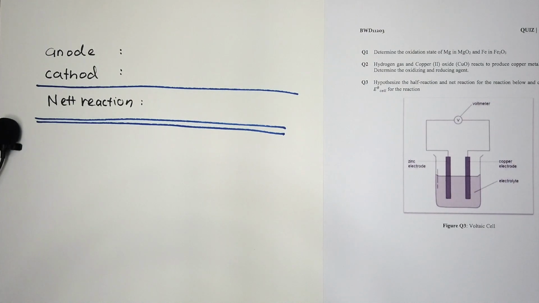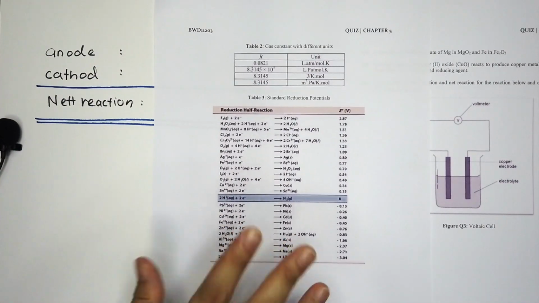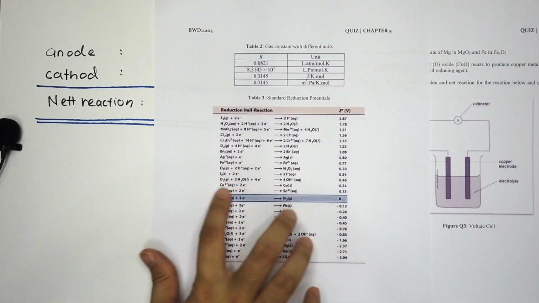So from looking at the reduction half reaction, we know that the zinc shall be the anode because it is more negative, and the cathode, which is more positive, is supposed to be the copper. And then the tip that I have given you in the notes is that red cat means that reduction occurs in the cathode.